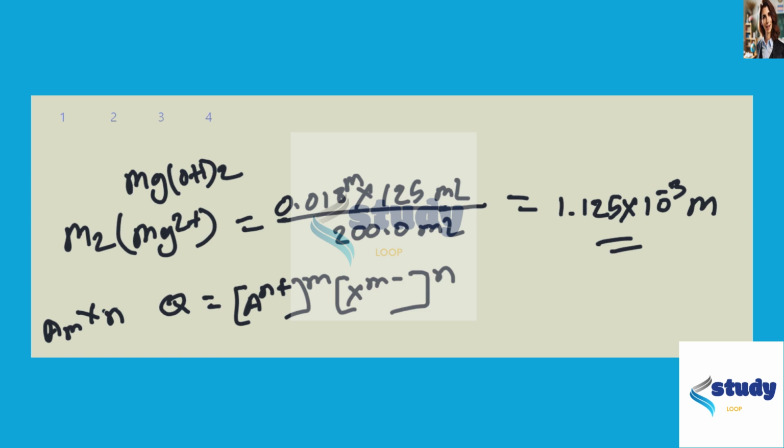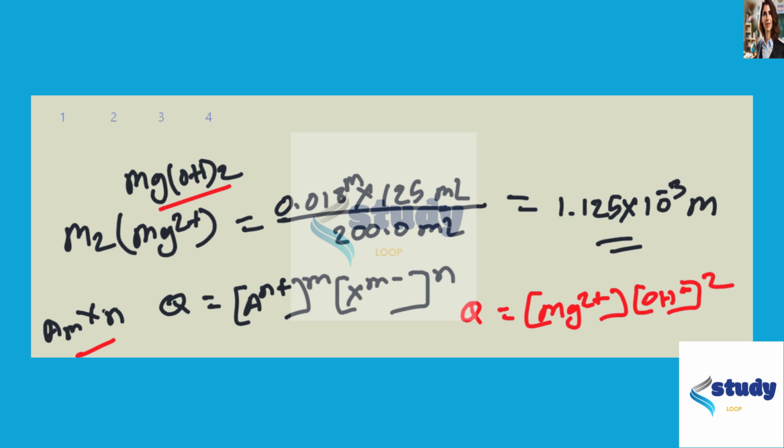So if we compare this formula to that, we will have our reaction quotient value for magnesium hydroxide as Mg2 plus times OH minus squared.